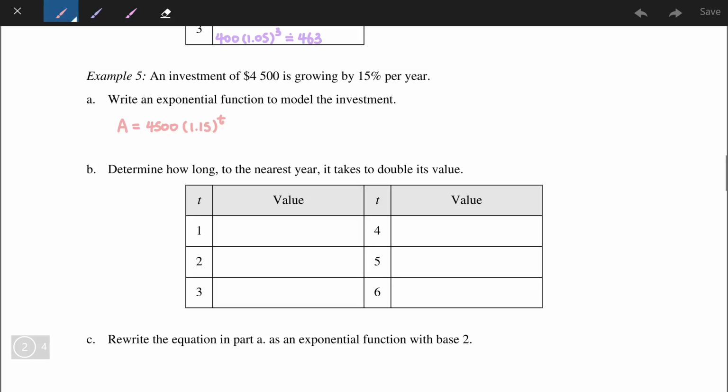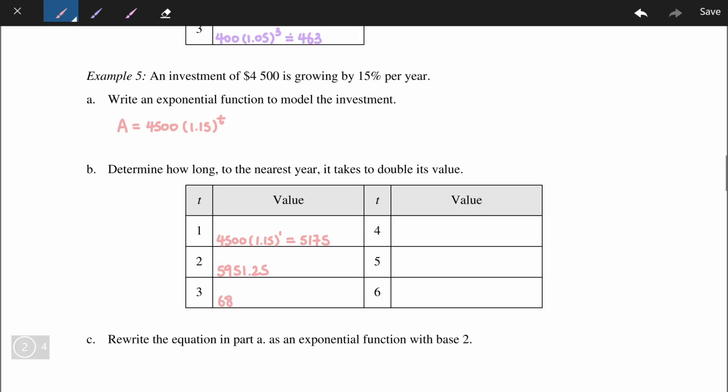So after the first year, we're going to take 4,500 and multiply by 1.15 to the first power. That will give us 5175. And then the next year, on the calculator, we can simply multiply the value by 1.15 again to get the next value. That will be 5951.25. All these will be rounded to the nearest dollar and cents.